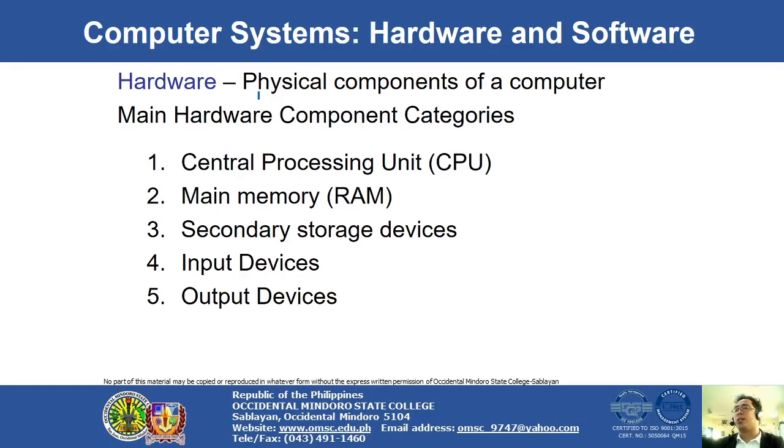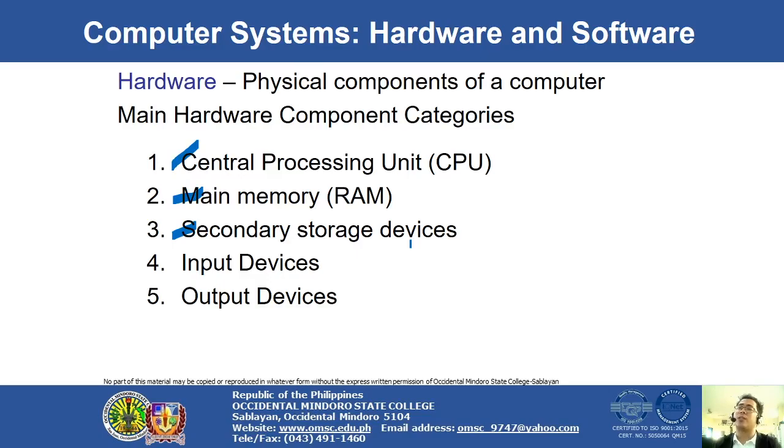So the main hardware components of a computer are the central processing unit, or the CPU. It also has the main memory, or the random access memory, and we do have the secondary storage devices. So what are those secondary devices? We have the hard disk, anything that can be stored.